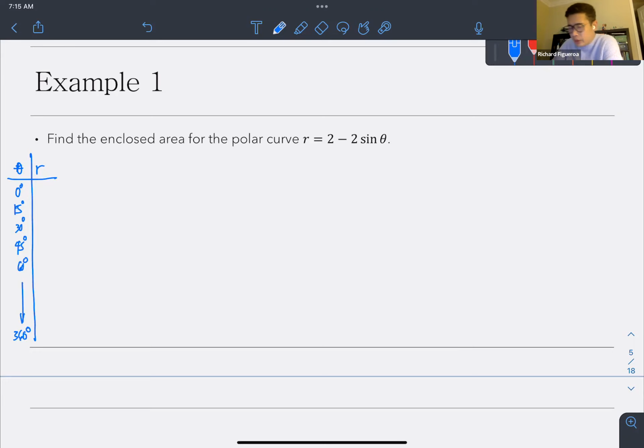Then I just substitute. When theta is 0, that would just be 2 minus 2 sine 0. Sine 0 is 0, so 2 times 0 is 0. Therefore, this is equal to 2.